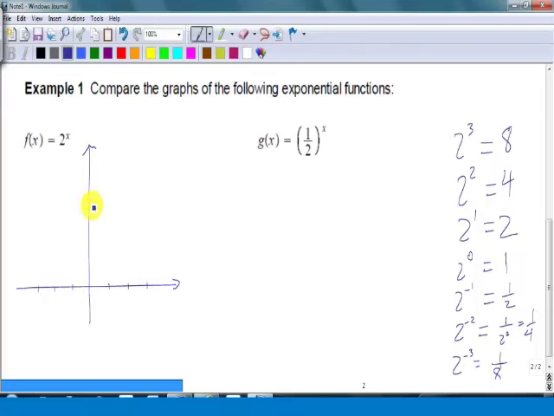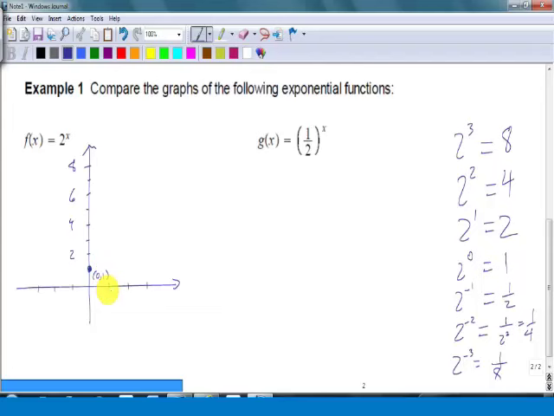And we could go as high as 8 for this. Let's see what we get. Maybe in the middle. 2 to the 0 power is 1. So we'll have the point 0, 1 on the graph.